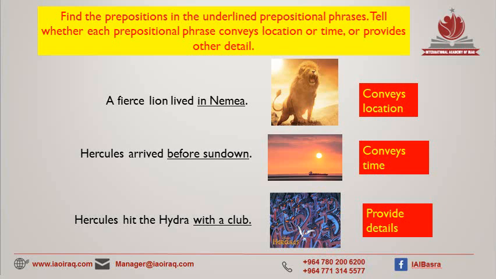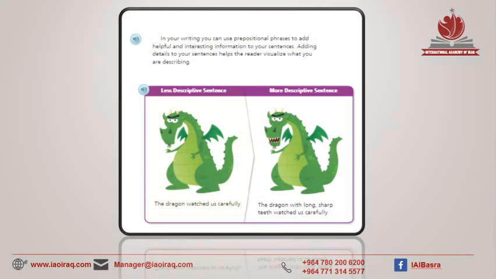Great guys, so I hope you guys understand prepositions and prepositional phrases. In your writing, you can use prepositional phrases to add helpful and interesting information to your sentences. Adding details to your sentences helps the reader visualize what you are describing.